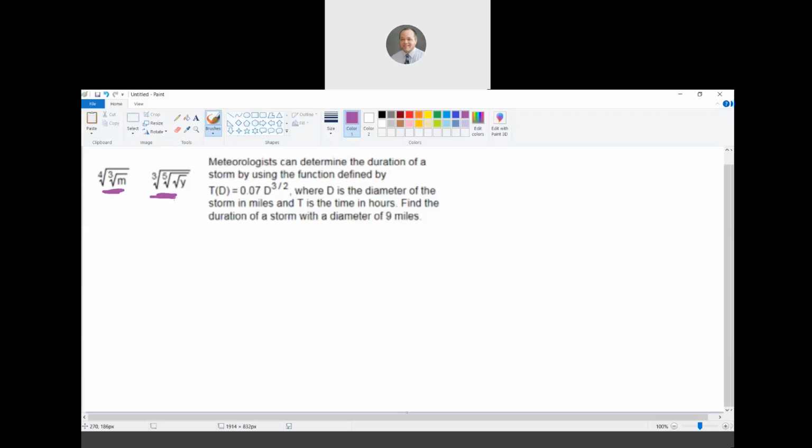Now that cube root of m is understood to be cube root of m to the first power. So we can rewrite that as a fractional exponent. That would be m to the 1/3 power. Now that big fourth root, it also has an exponent understood to be 1.